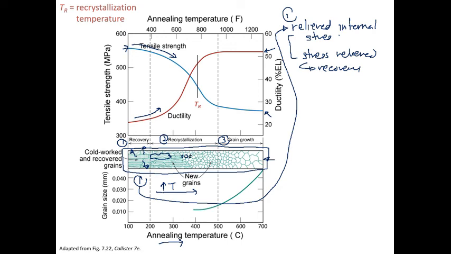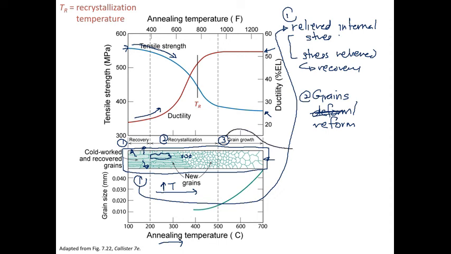So for the second step, the grains begin to reform. Because remember, annealing is where you want to restore its own properties. So the grains begin to reform, and what happens?